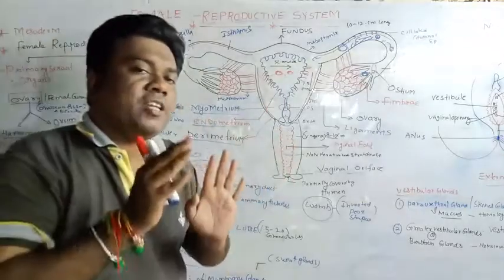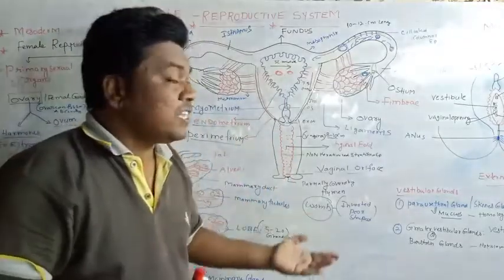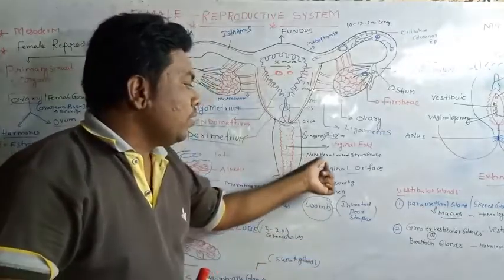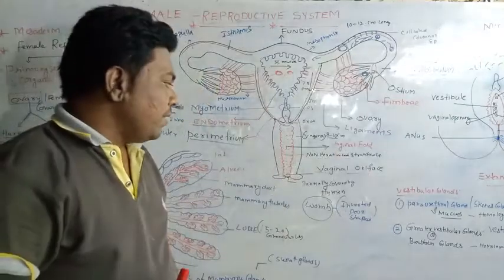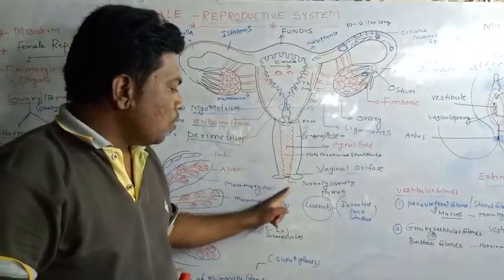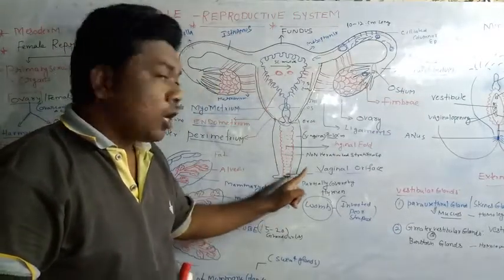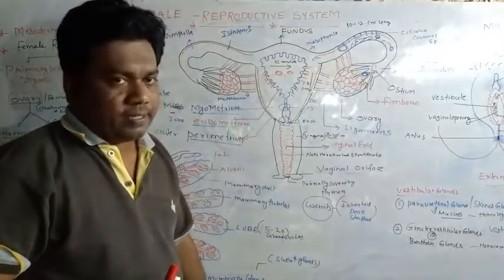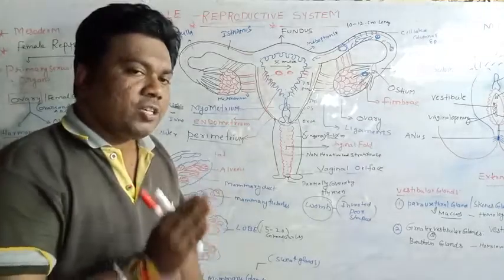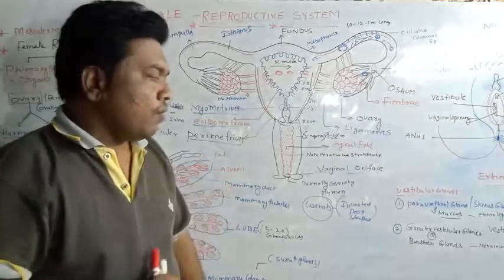The vagina is internally lined by non-keratinized stratified epithelium. This is very important. The vagina opens by an aperture called the vaginal orifice, which is the opening of the vagina.